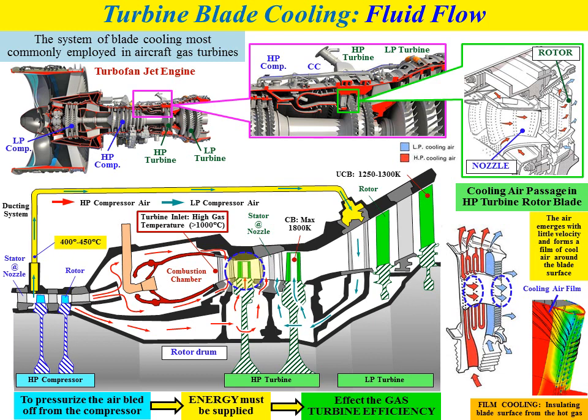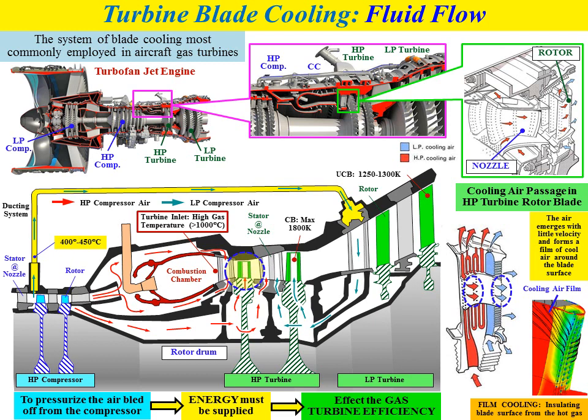This low pressure cooling air also enters from the bottom of the second rotor blade of the high pressure turbine. So this is how the cooling air flows throughout the gas turbine blade cooling system.